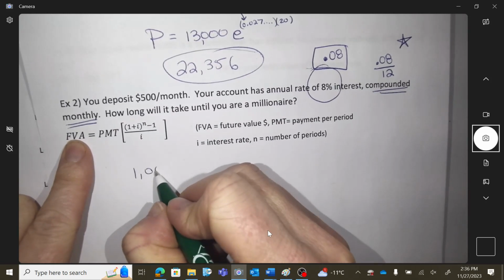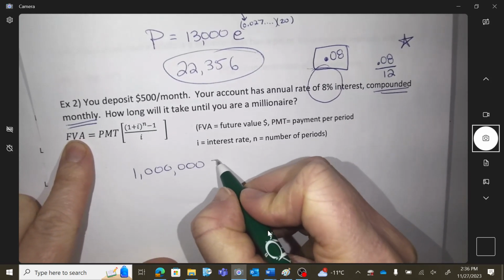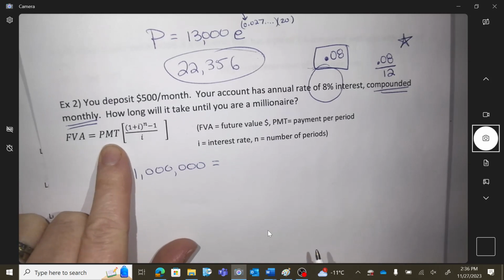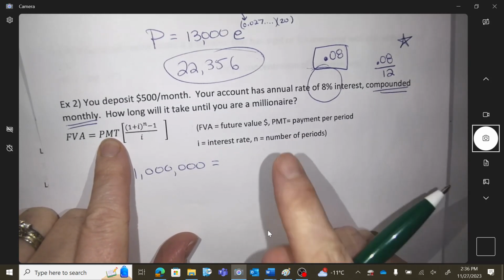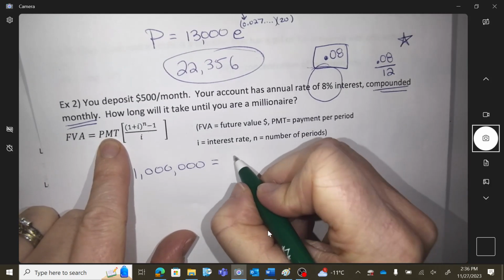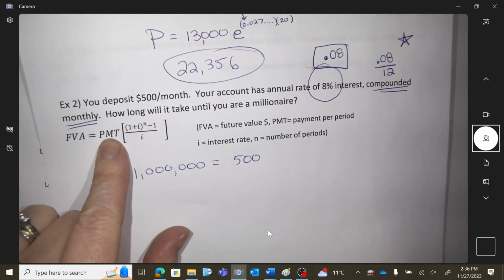A millionaire. PMT is the payments. So what are you doing? You're putting $500 into a bank account every month of your life until you become that millionaire.